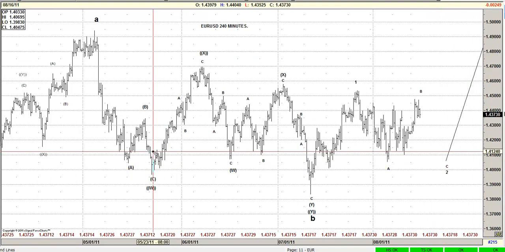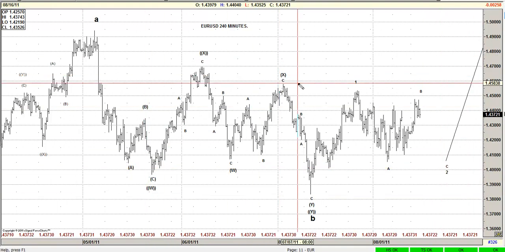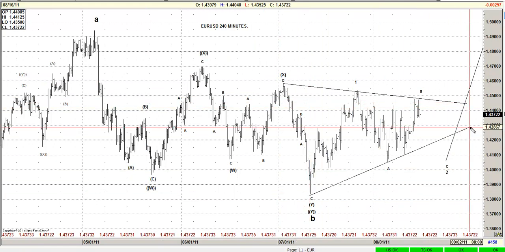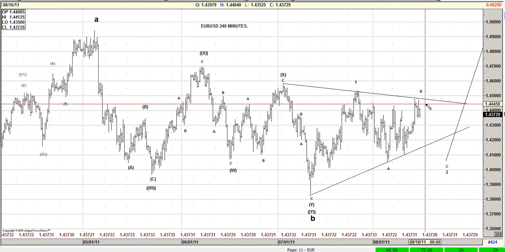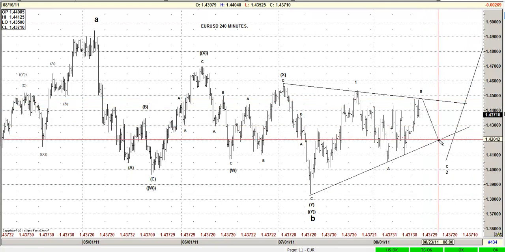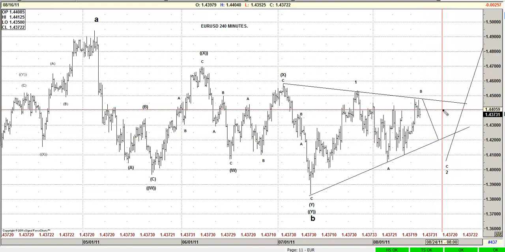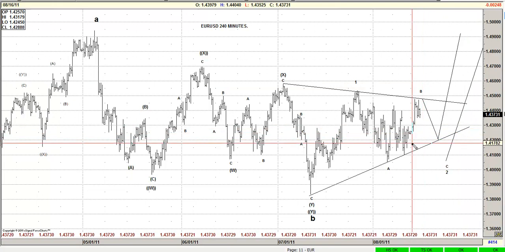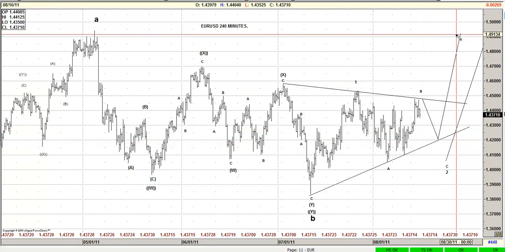The only difference is W, X, and then we are in the C wave of a triangle ending around current levels, which is going to resolve with a move to around 144, 142 again before going higher. But at the end, both of the counts are bullish, and we should see a higher euro pretty soon.